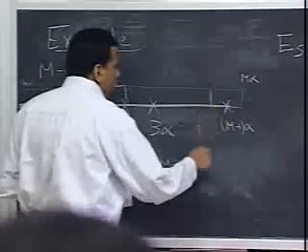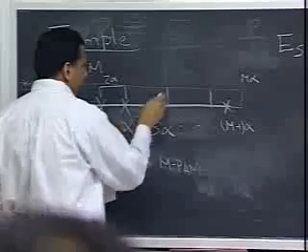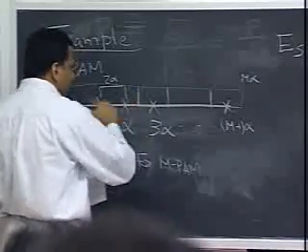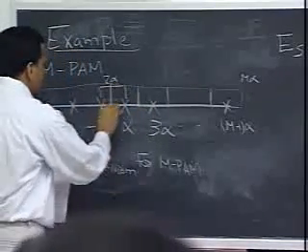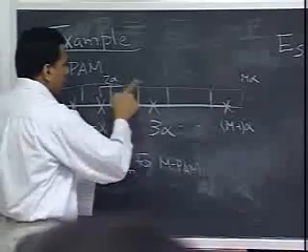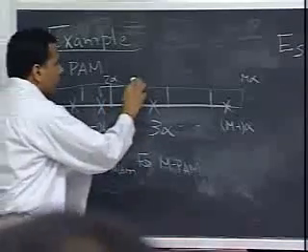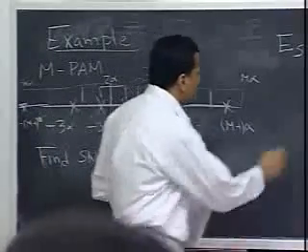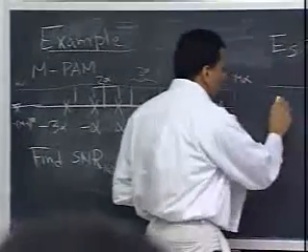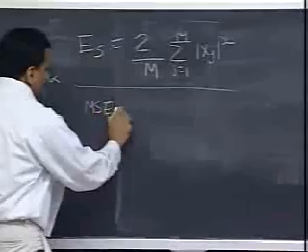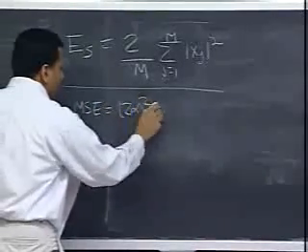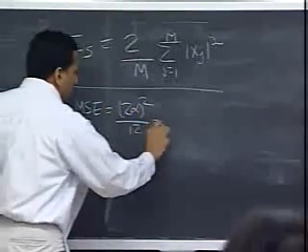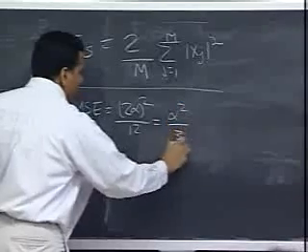So the Voronoi regions are just of equal width. Each Voronoi region is of width 2 alpha. So your mean square error, if you will, is 2 alpha square over 12. So it's alpha square over 3.